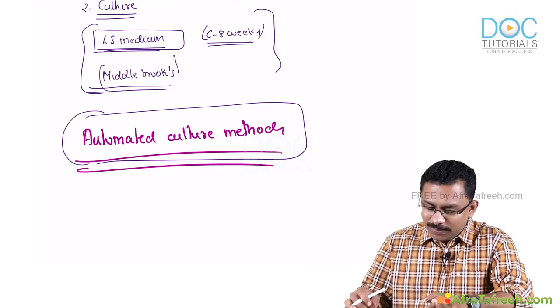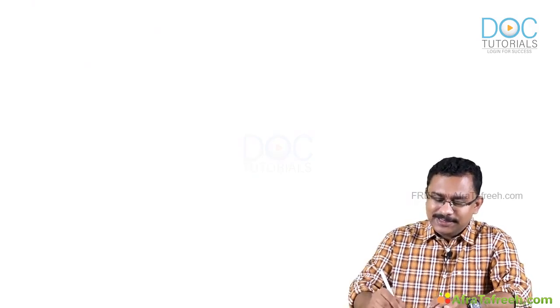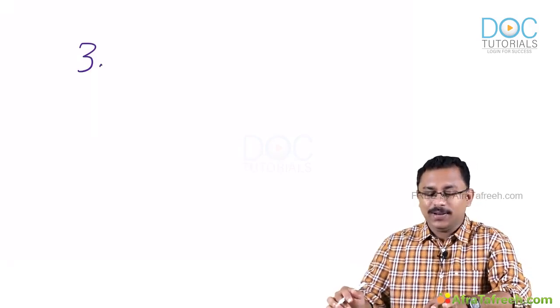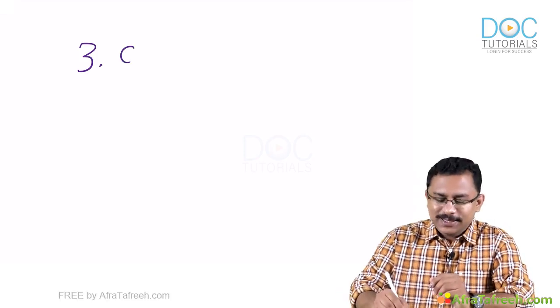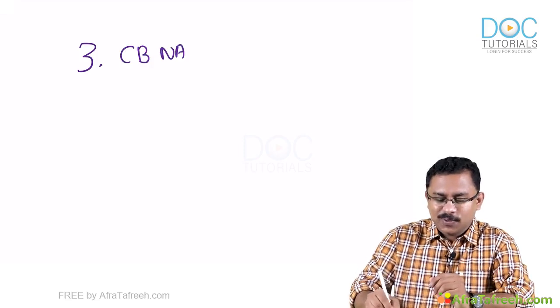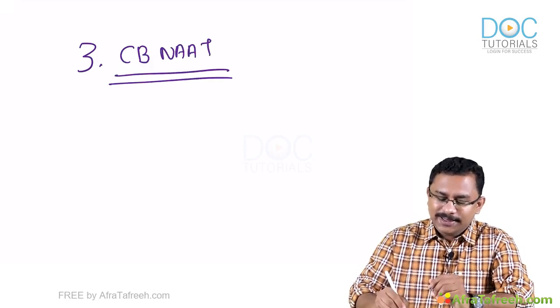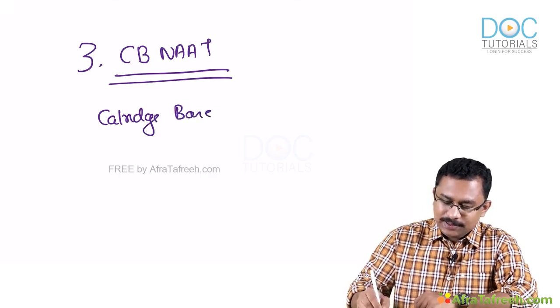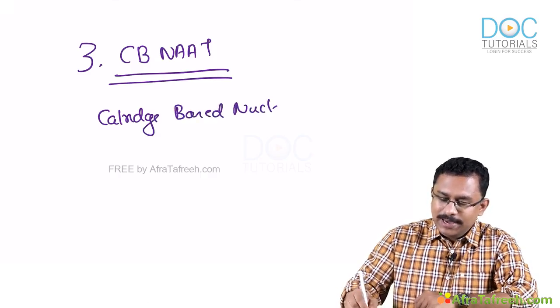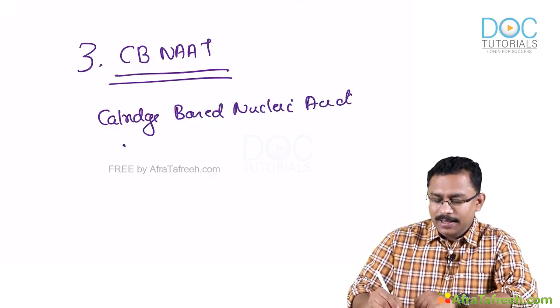Now, after the automated cultures, the next investigation modality that you have, again very, very important, is the famous CB-NAT. Okay, CB-NAT, which is nothing but a cartridge based nucleic acid amplification test.